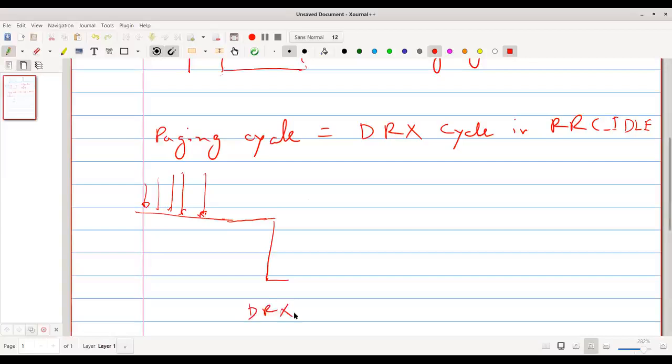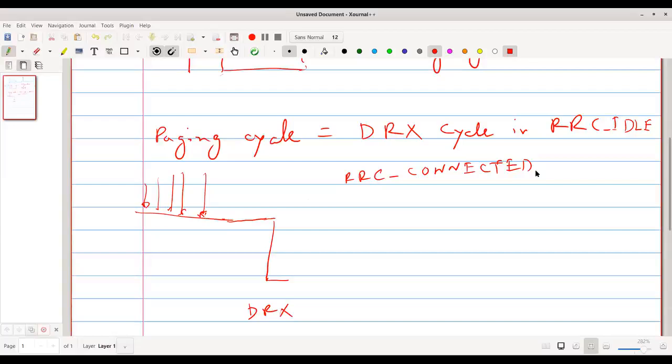This is DRX operation in RRC connected state, and it wasn't present in 2G or 3G. DRX was only available in idle state in 2G or 3G. So there is additional power saving in 4G.